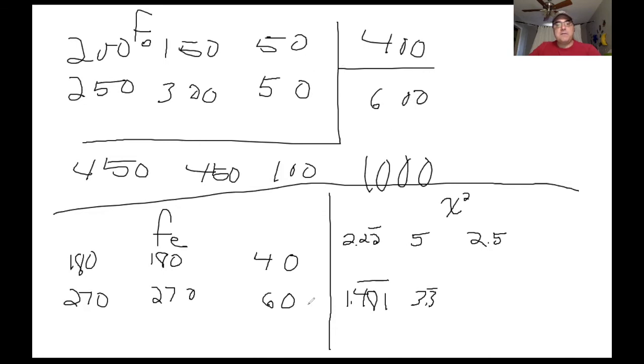And finally, 50 minus 60, that's 10. 10 squared is 100. 100 divided by 60 gives us 1 2/3, 1.6 repeating.